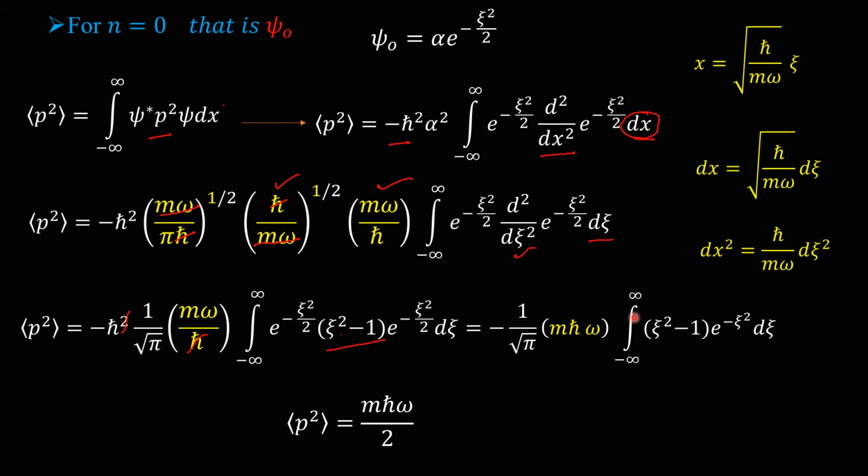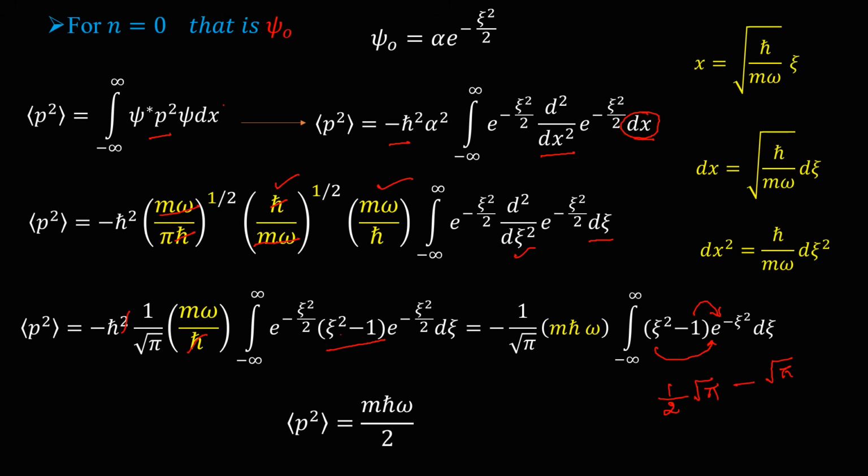Now you have to integrate this one. So first if you integrate this and this, using Gaussian integral, you will get square root of pi by 2, that is 1 over 2 square root of pi. Then if you take this and this and integrate it, this is also a Gaussian integral, you will get minus square root of pi.